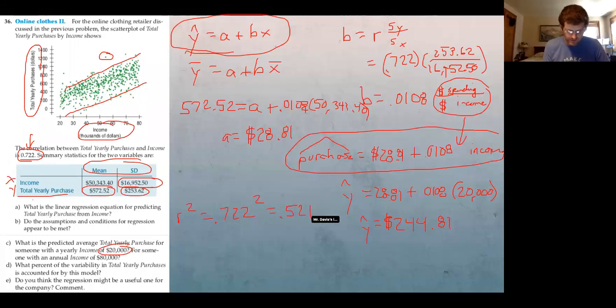So it looks like 52.1% of the variability is accounted for by this model. And we can just use their own language in our response. 52% of the variability in total yearly purchases is accounted for by this model.